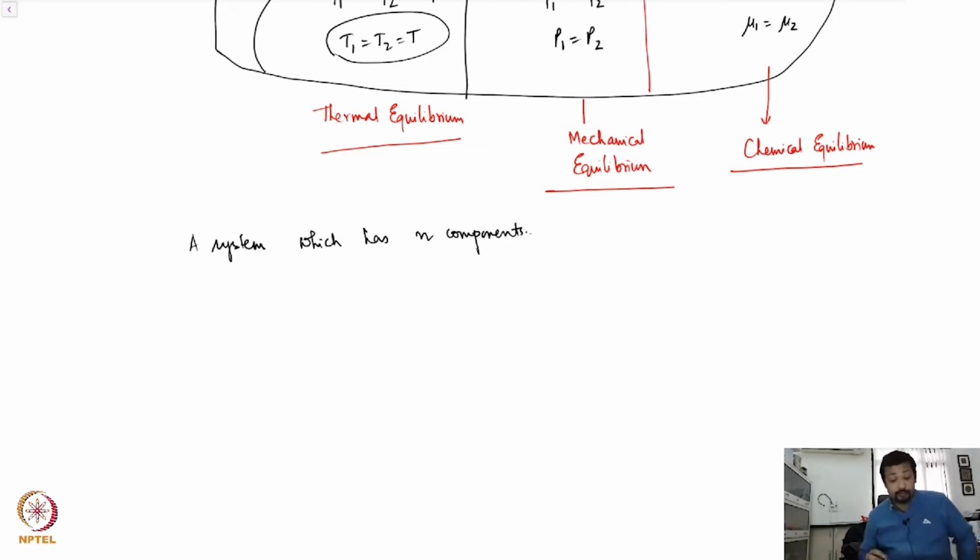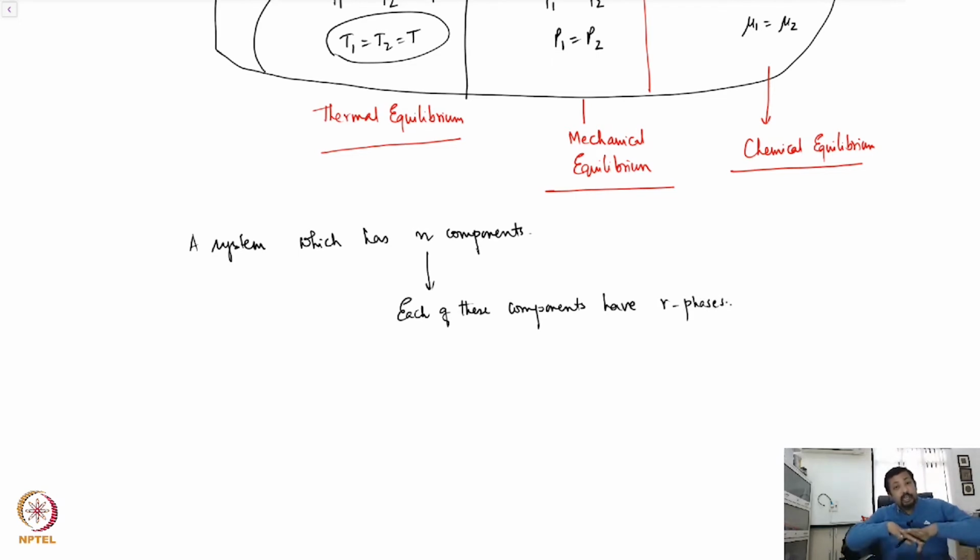But that's not the whole story. Now each of these components have r phases. So essentially you're looking at a joint equilibrium between these n components, and each of these components can exist in r phases.